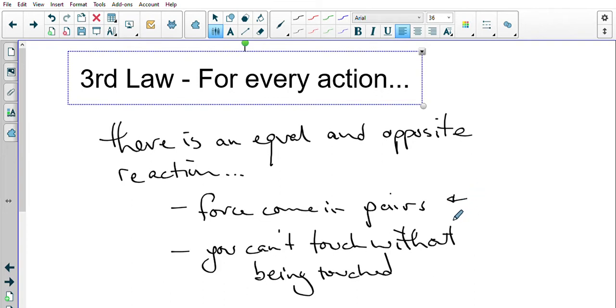It's like, when Mahak and Isha have a fight and one of them punches the other in the face. Well, the face feels a force, but so does the fist.